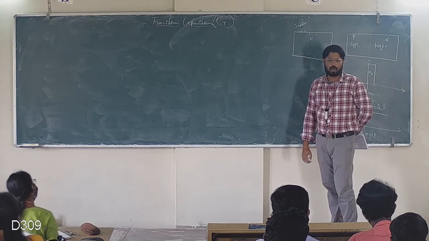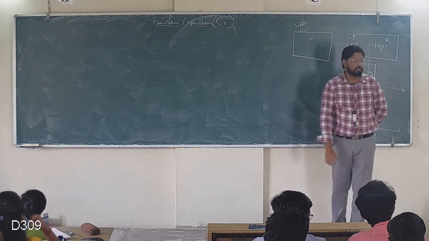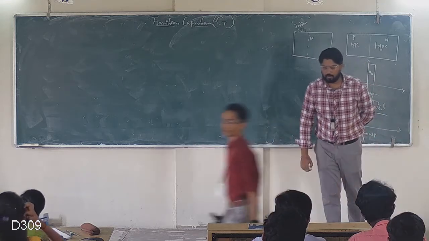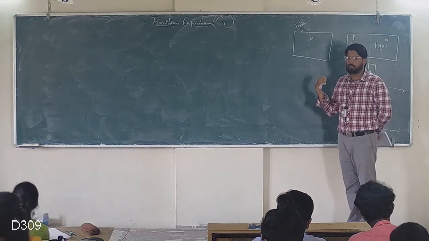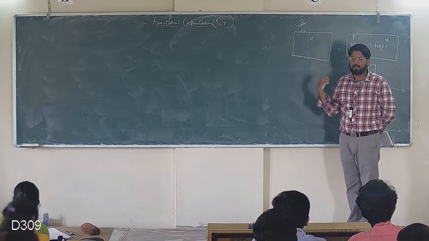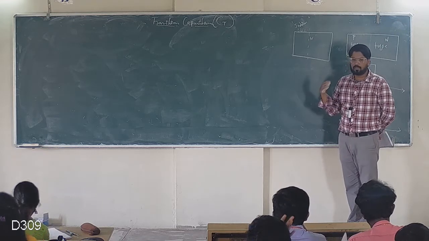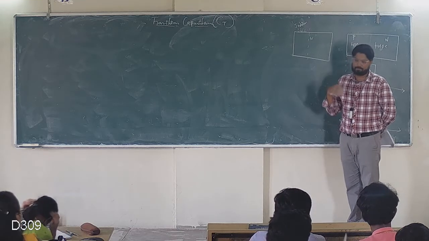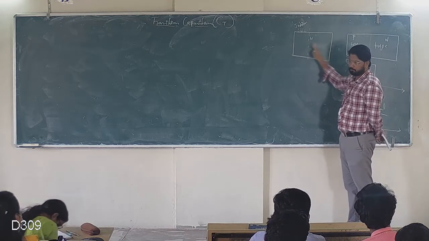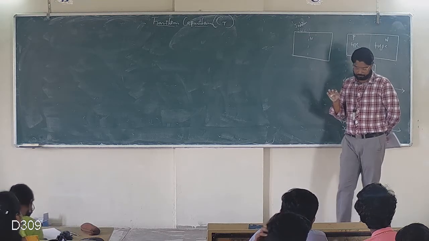How is this alloy or fusion junction made? First, I take a piece of N-type semiconductor, which looks like a chocolate bar, fully N-type.